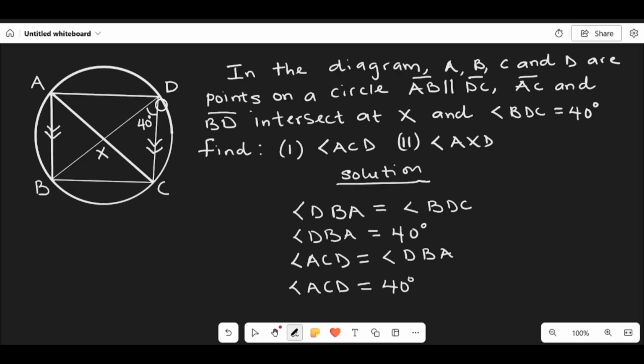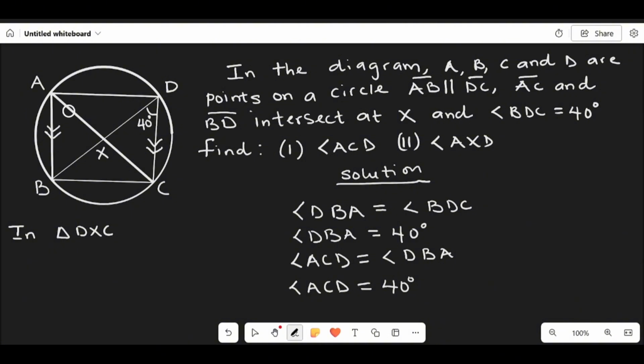Let us consider triangle DXC. In triangle DXC, angle AXD is an exterior angle of triangle DXC, and the exterior angle of a triangle theorem says that the exterior angle is equal to the sum of two opposite interior angles.